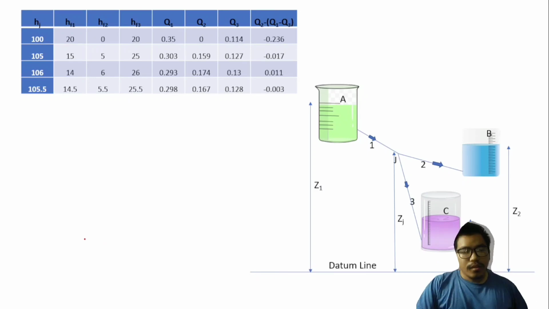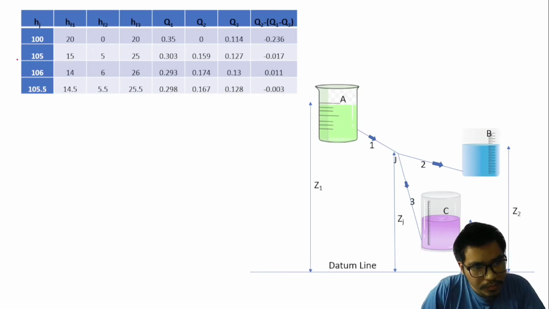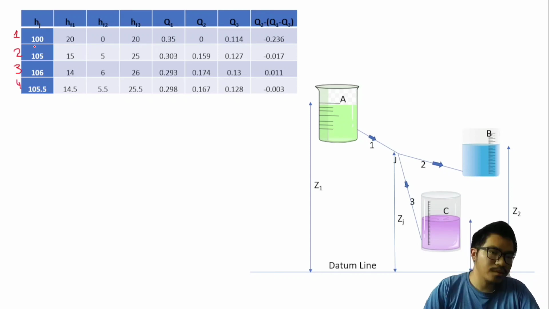This is the iteration table. This is the first iteration, this is the second, this is the third, and this is the fourth iteration. In the first iteration we have assumed the value of HJ as 100, and we have calculated Q1, Q2 and Q3.